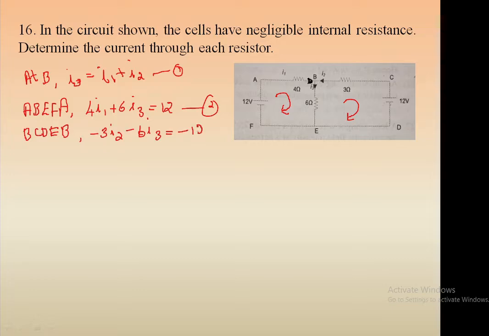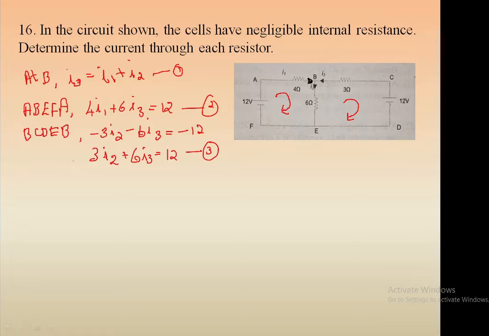Let us write negative 12. All the terms have negative values, so let us multiply each term by negative 1. We can write 3I2 plus 6I3 equals 12. That is equation number 3.